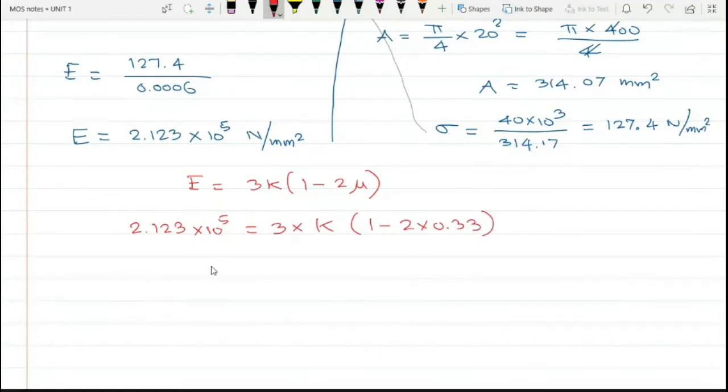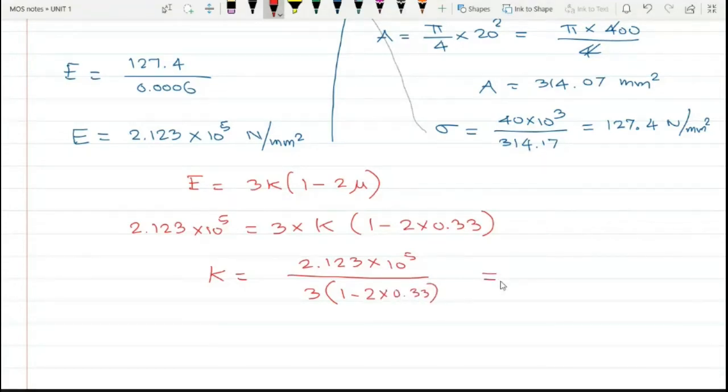So you have only one unknown, which is k, which we can identify by cross multiplying. You will get the value of k, 0.769 into 10 power 5 Newton per mm square. So this part is also over.